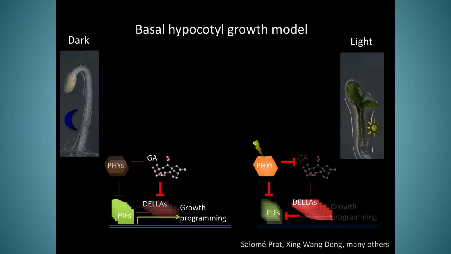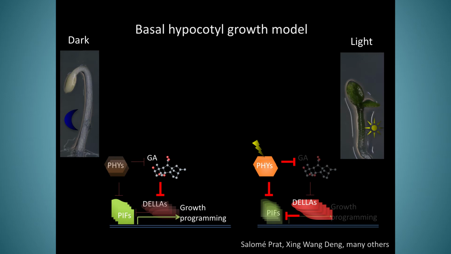Just to back up a little bit, we actually do know quite a lot from a lot of work in the Arabidopsis community and other plants as well, of deciphering what's going on to promote this rapid elongation growth in the dark. There are two key players, among others. The PIFs are growth-promoting transcription factors that drive rapid elongation growth in the hypocotyl, and GA is another one that's very important.